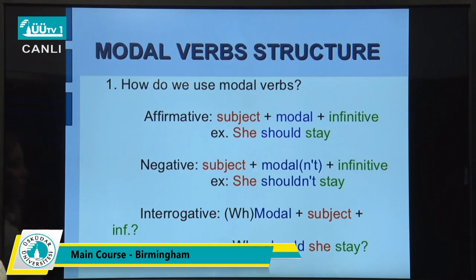What about the question? It is the same as other types of questions. For example, you have your WH word plus modal plus subject. We use the same format for all of the types of questions. So interrogative is question. Why should she stay?